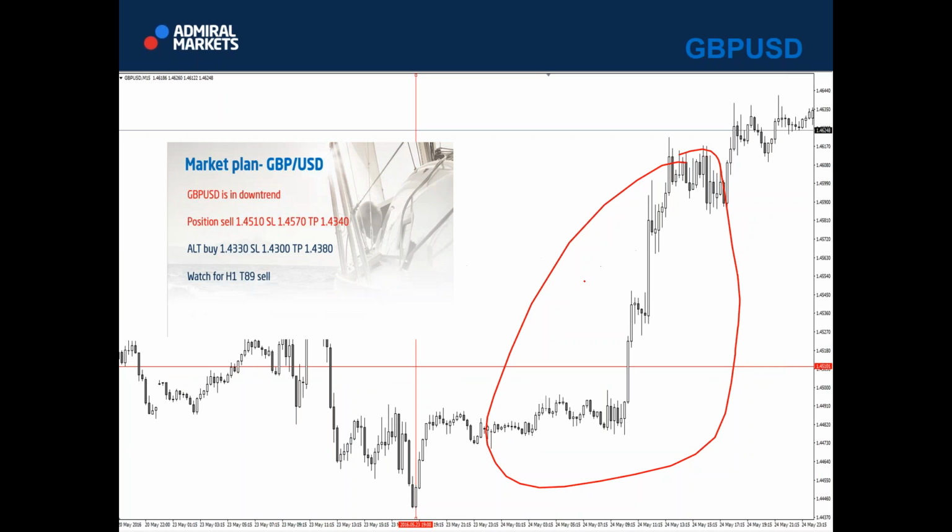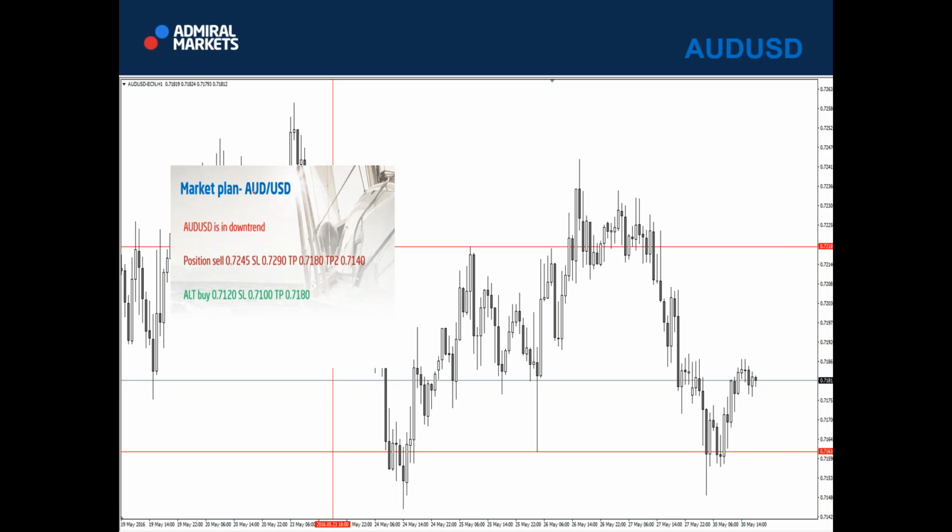You could also have seen that on the Admiral Markets website, where I did the analysis on pound dollar. Australian dollar was also a very good setup, a very good trade. Actually, I put a slide here. I don't know why, but I should have moved this slide. Wait a second.